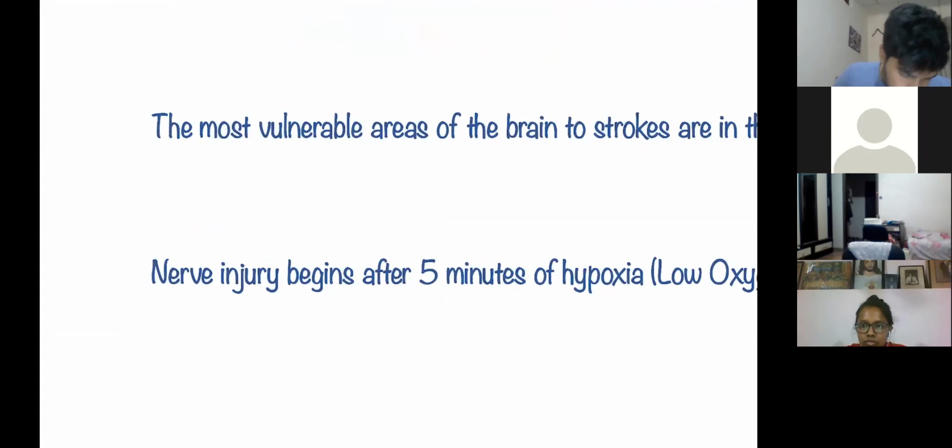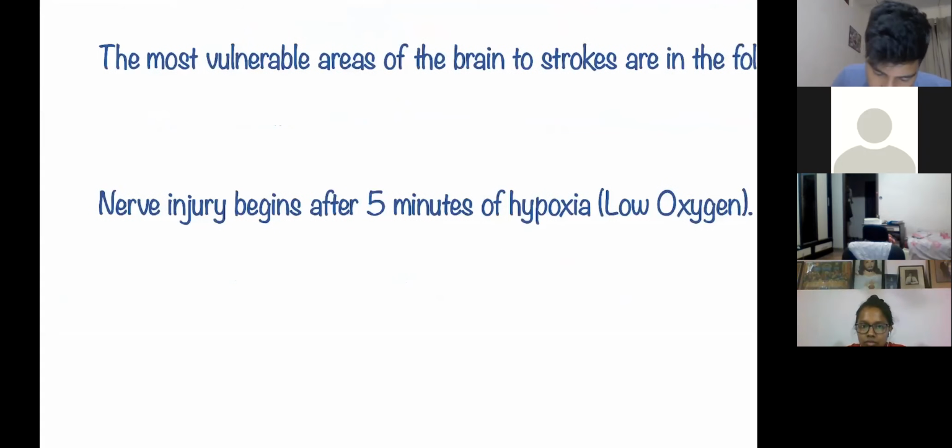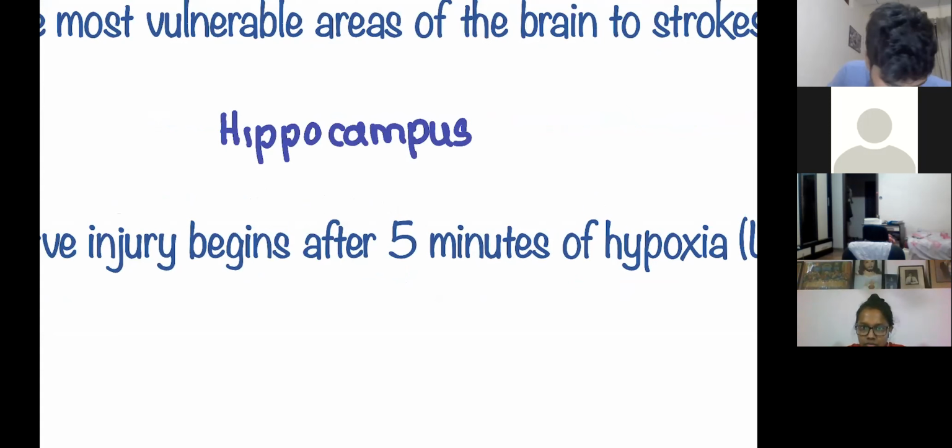Basically it means the blood supply to an area has been cut off. So without oxygen, the cells that are dependent on the blood are going to die. The first most vulnerable is the hippocampus. Next, we have something called the neocortex.